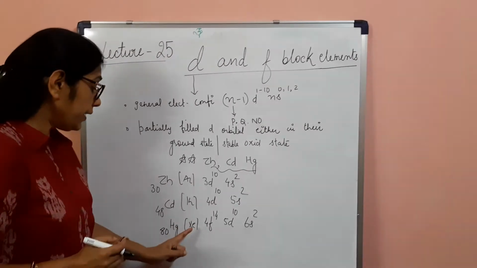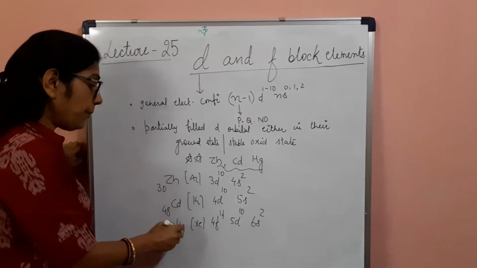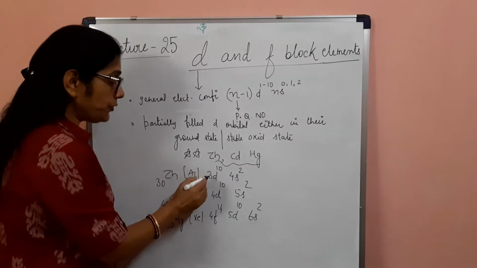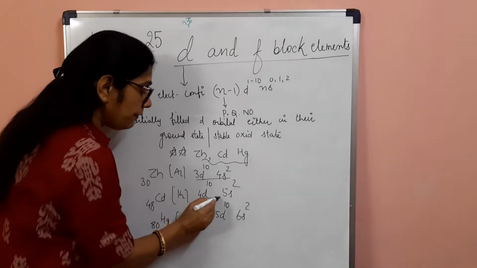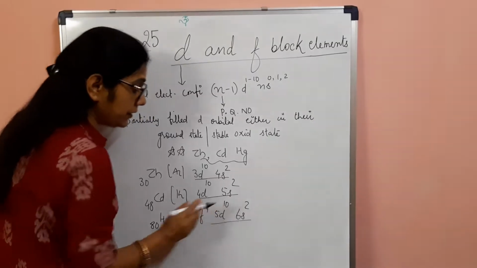Now you look here that zinc, cadmium and mercury in their ground state have fully filled D orbitals.